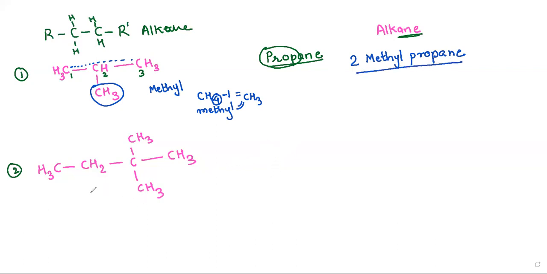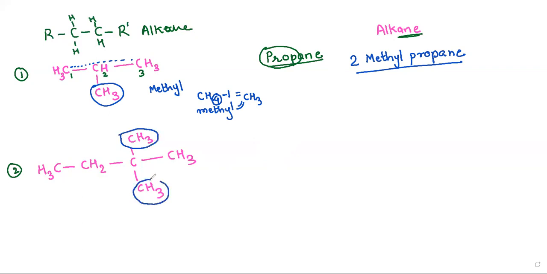The second IUPAC organic compound given to you here is CH3, CH2, CH3, CH3, like this. Now look carefully at the branching. Let's circle the branching first. So I get 2 methyl groups at this position.